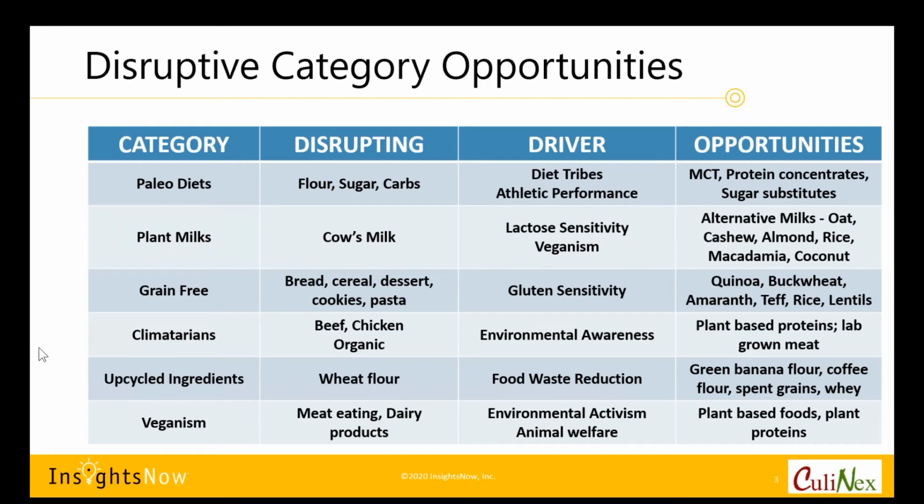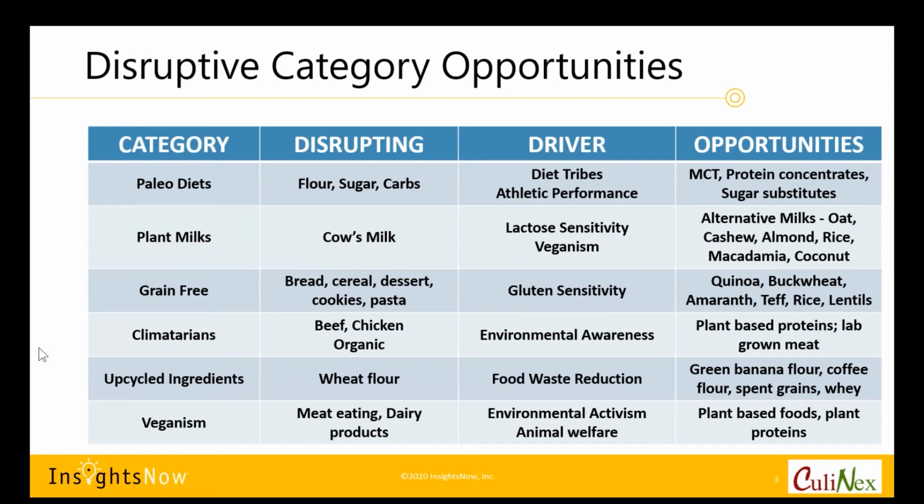So each of these disruptive categories has various kinds of drivers, which you can see listed under the driver column. And finally, what are the opportunities created by each of these disruptive categories? These disruptive categories change people's behaviors, their purchase patterns, and create opportunities for ingredients, create opportunities for companies with new products.